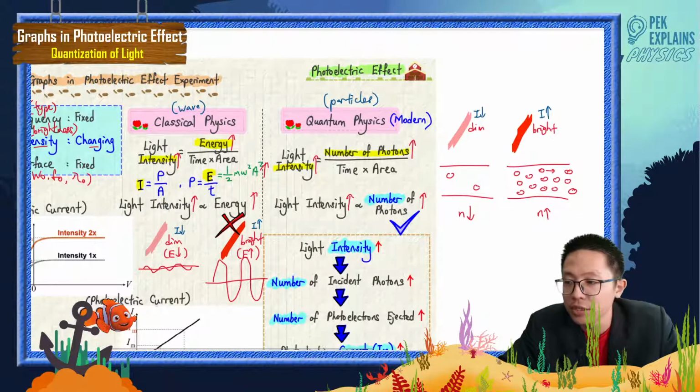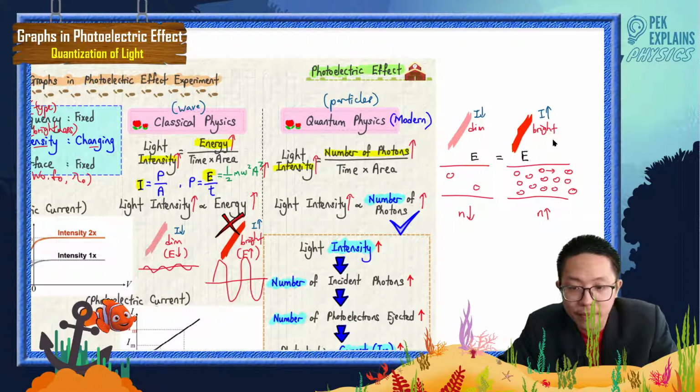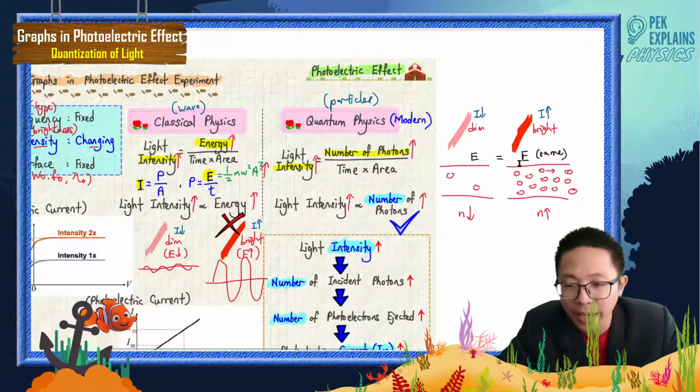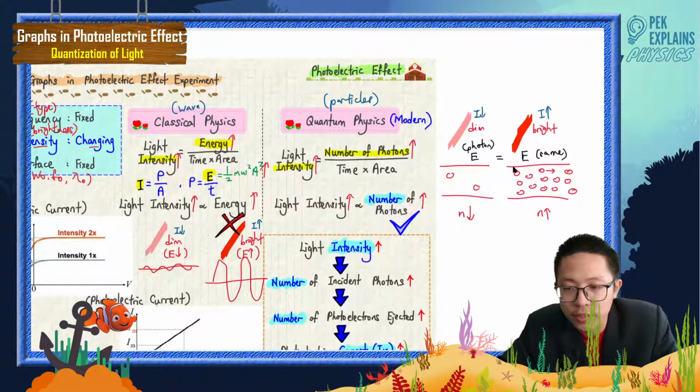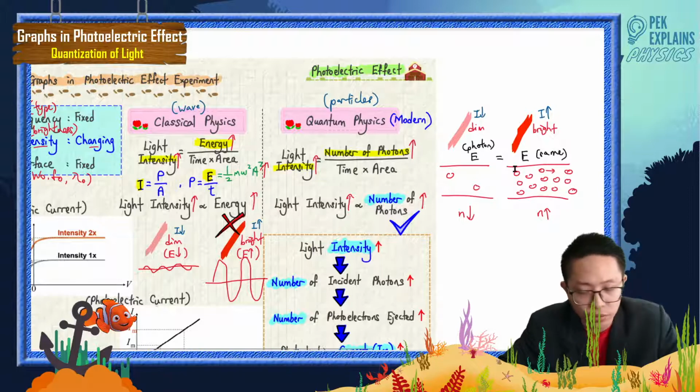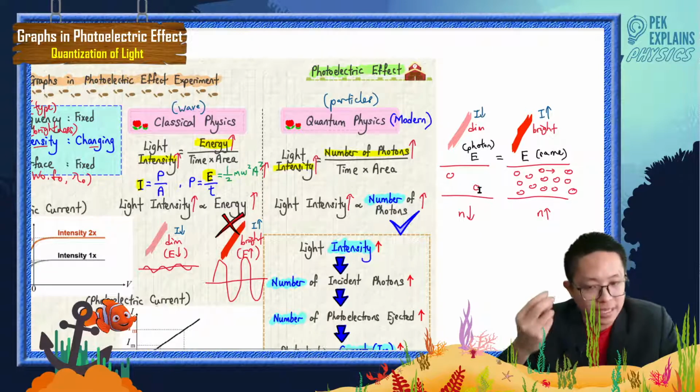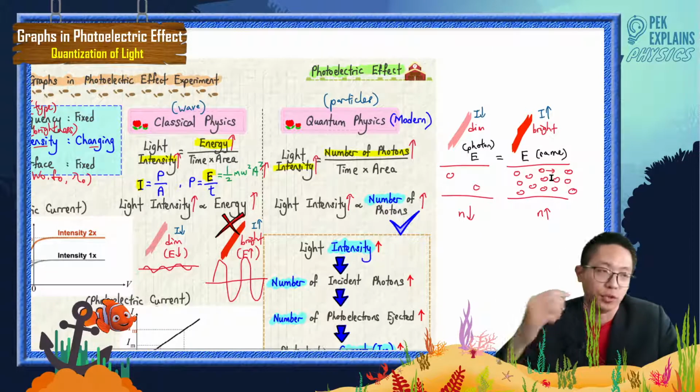No matter if it's dim light or bright light, the energy is still the same. I mean energy for each photon. The size of the photon is still the same, but the number of photons for dim light is less, bright light, more photons. That's it.